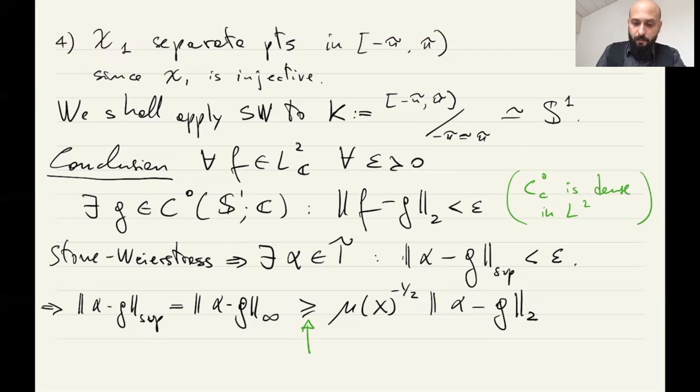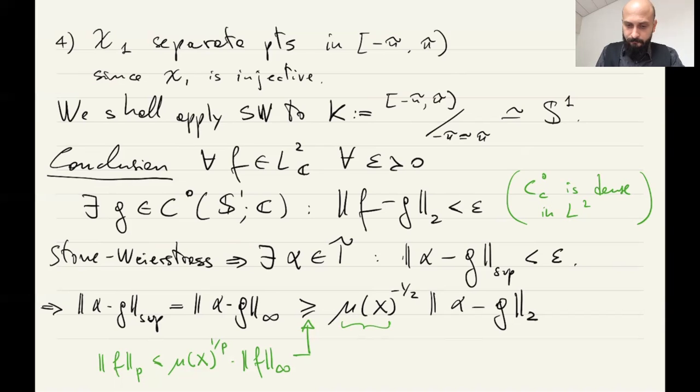And actually what we proved is that the Lp norm of a function is bounded by the measure of the space to the power, I think it was, 1 over p, times the infinity norm. Here mu of x is the measure of the space.